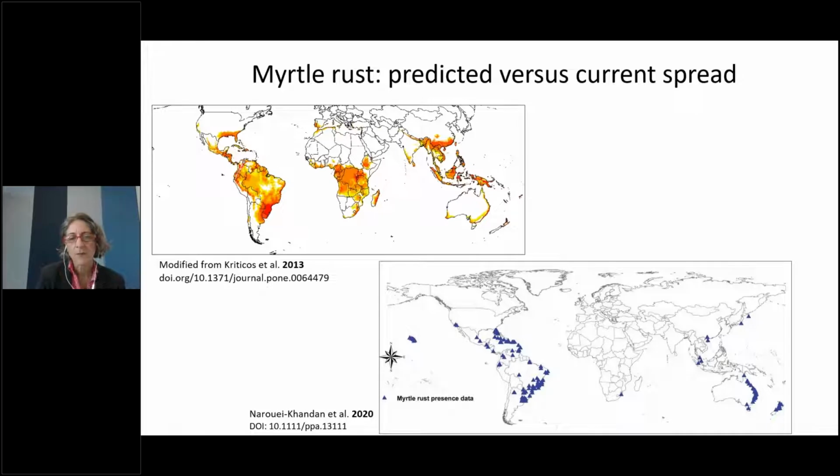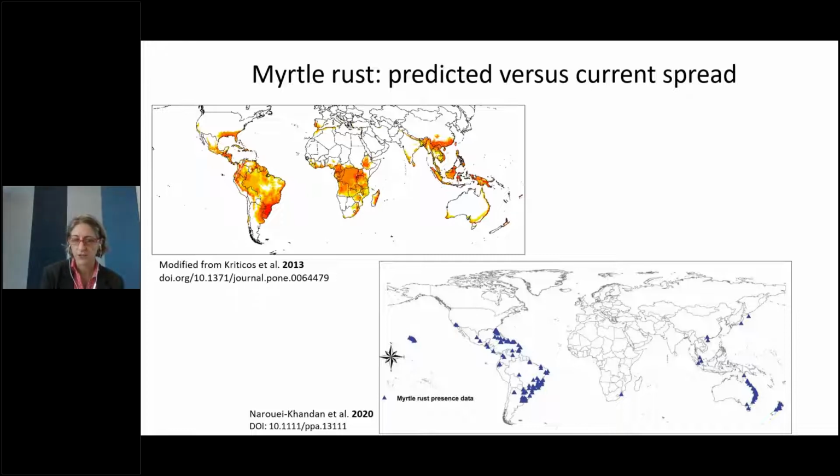In 2013, this map came out from Kriticos et al., based on climate modelling and where the predicted spread of Myrtle Rust would go. You can see globally where this pandemic was likely to spread. There have been a few other iterations of maps since then, but this year a publication came out looking at where Myrtle Rust has been detected, or where presence data is available, and you can see it doesn't exactly match the map.